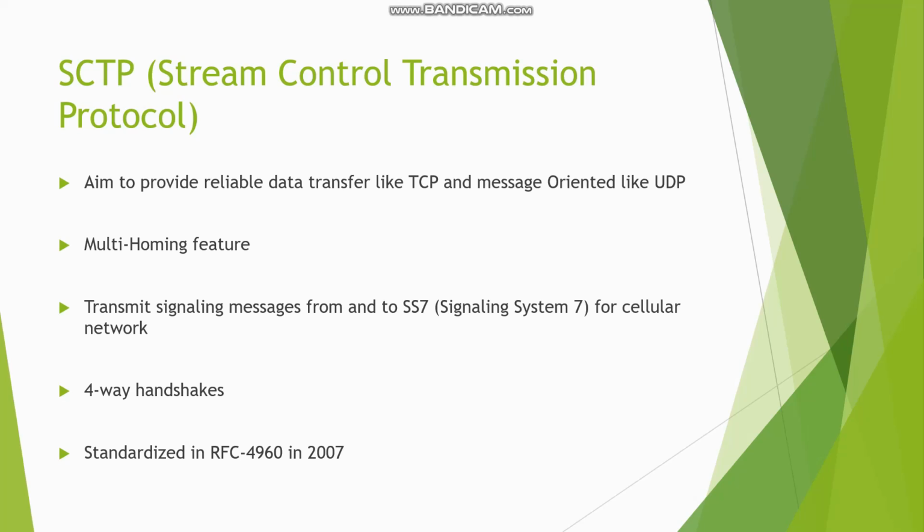It can optimize by avoiding multi-threading problems when the traffic volume is high. It uses a 4-way handshake instead of the 3-way handshake used in TCP. It was standardized by IETF in 2007 in RFC 4960. Even though it has been 13 years, some developers still consider it to be in its infancy stage.